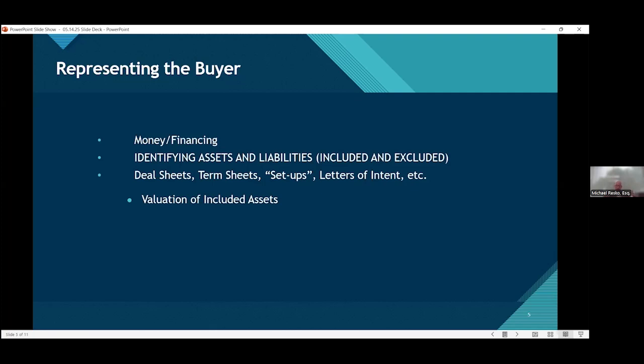This is a New York State Department of Taxation and Finance form, and it must be completed and filed with the Department before the closing date. You're required to submit a copy of the asset purchase agreement, the contract, along with this reporting document.